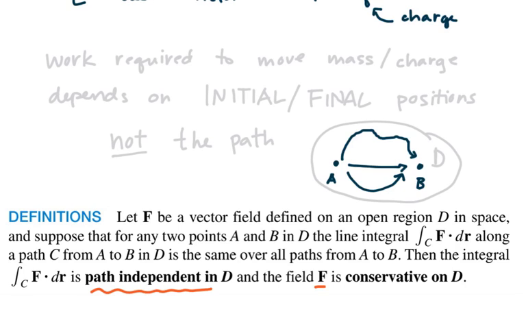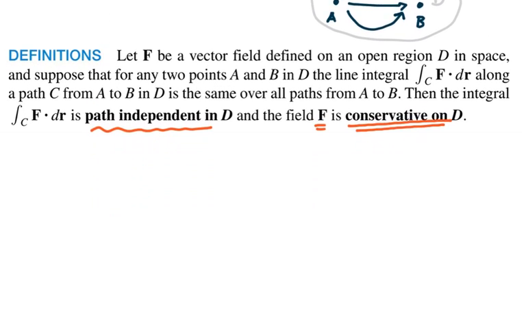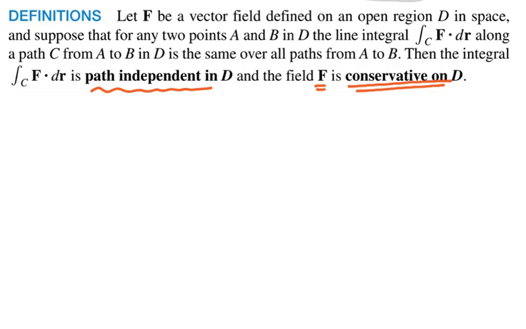And if it is path independent, then the force field is conservative in that region. The word conservative that we see here when we discuss path independence comes from physics, and this refers to fields where the principle of energy conservation holds.